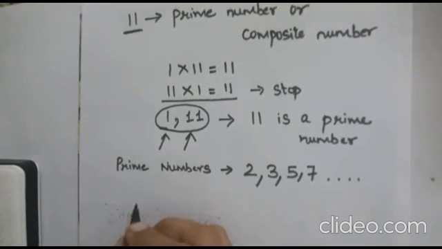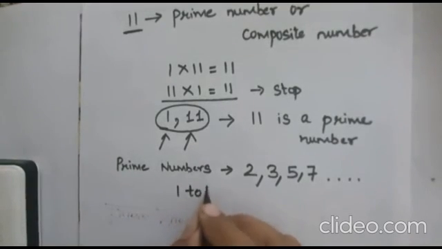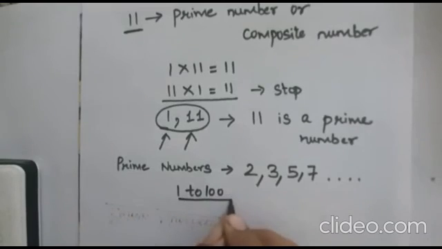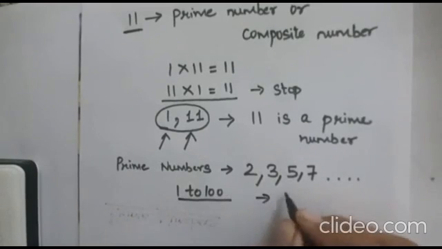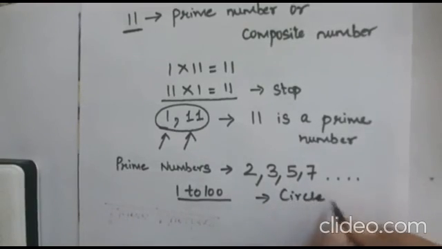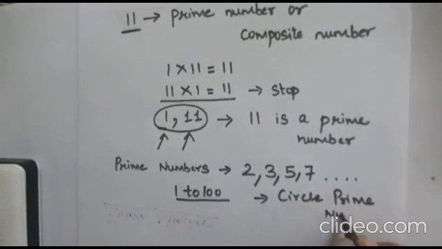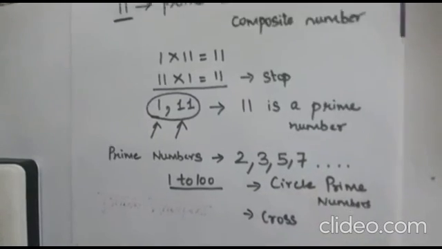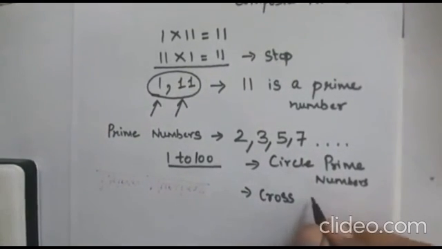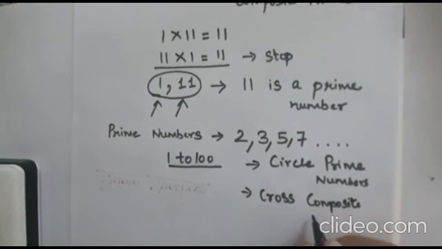You will write the numbers from 1 to 100 in your notebook and you will circle the prime numbers and you will cross the composite numbers. You will do this activity.